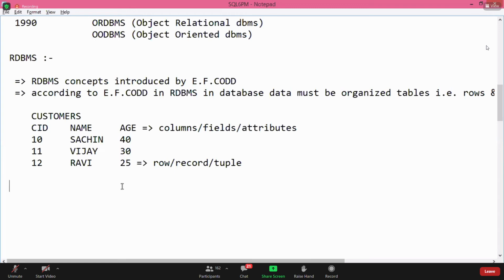In the bank database there is a table called customer table, and your details are stored in one row: your name, account number, address, phone number, email ID, Aadhaar number, PAN number, photograph, signature. All the details are stored in a single row. My details are stored in a separate row, your details in a separate row. Got it?